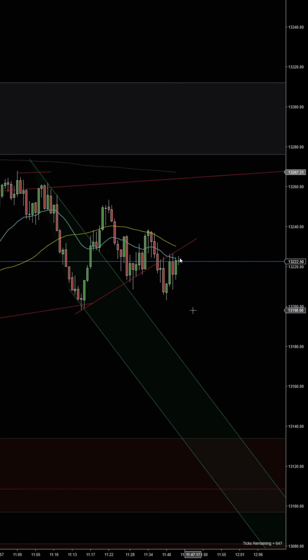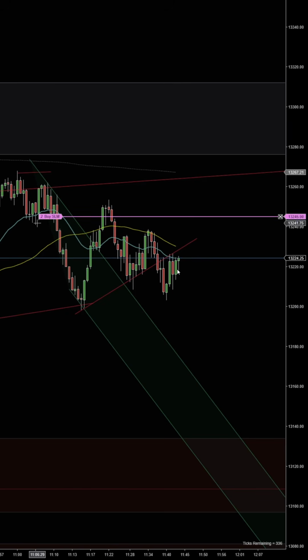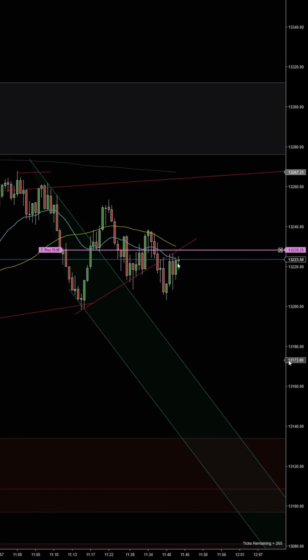It would be really nice to see a red bar here again and see some sellers trying to sell it from here. I see some sellers, and I see the buyers just keep buying it. It shows me that there are buyers, like the lower highs, lower highs, lower highs, and I see the wicks underneath there.